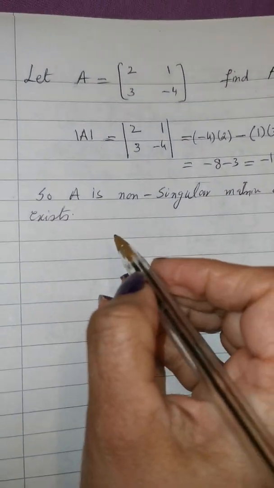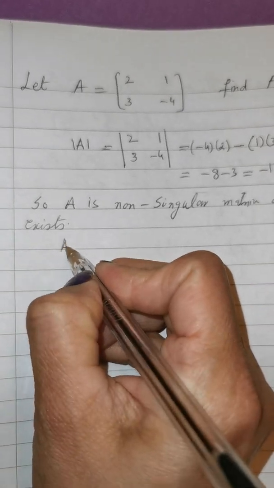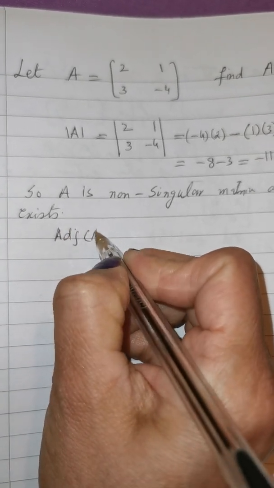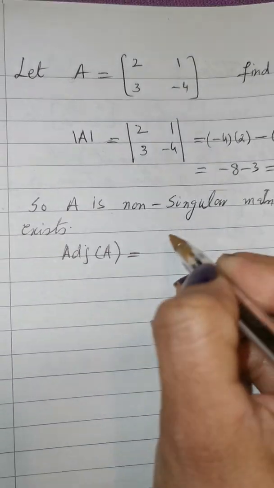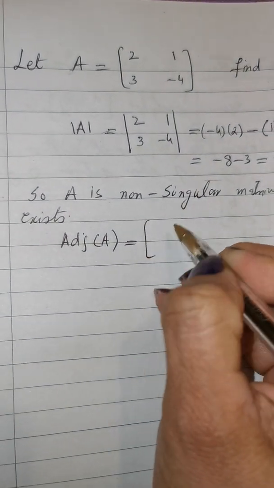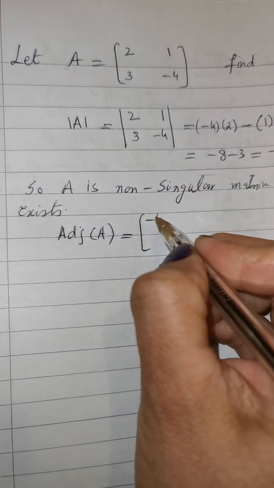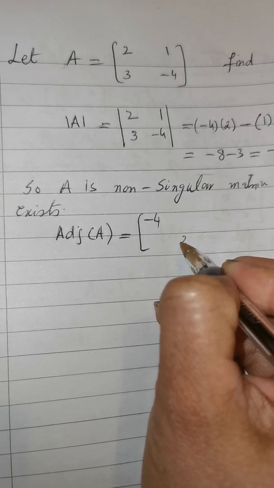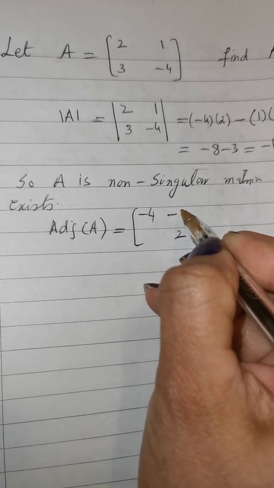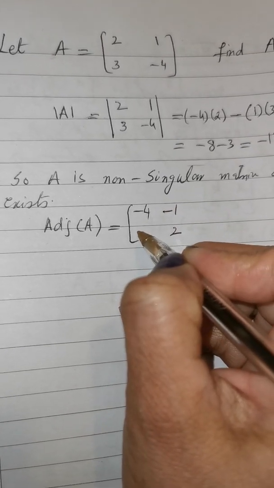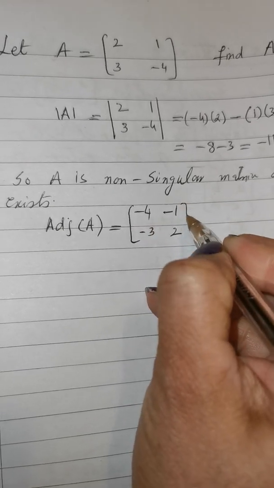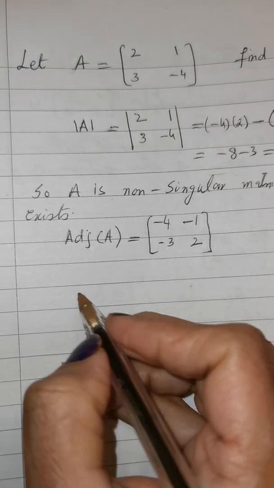After this you will find the adjoint of A. How can we find the adjoint of A? I have told you that we will interchange the diagonal entries and change the signs of the other entries like that. This is my adjoint of A.